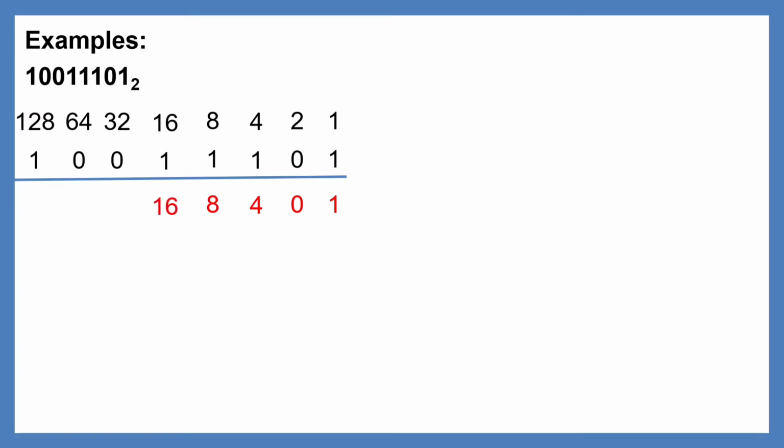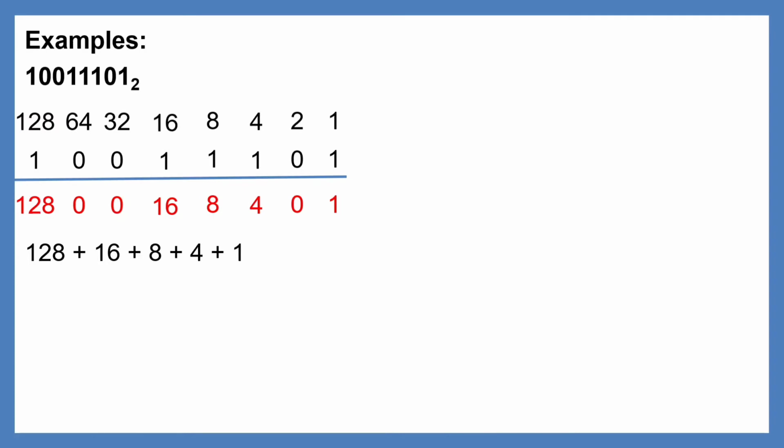So we have the place value of 128, and there's no need for you to write the place value of a 0 bit. As I told you earlier, you're going to write only the ones that have a 1 bit.